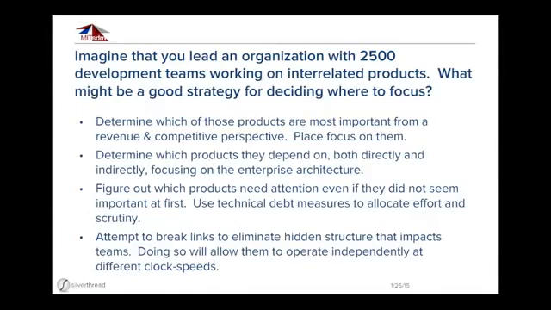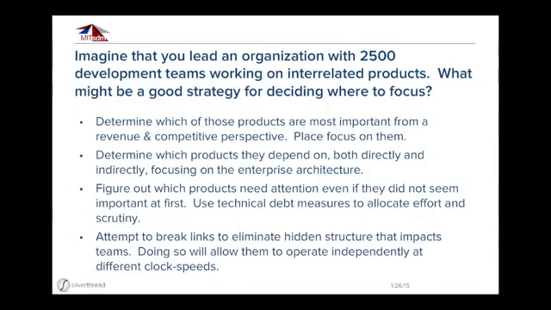But if you look at an analysis like this, you can see what products they depend on, right? Both directly and indirectly, by focusing on the enterprise architecture. How are the teams structured, and how do the tools developed by one team get consumed by others, so that if a slowdown in one area can propagate, you might have inefficiencies that you're unaware of.